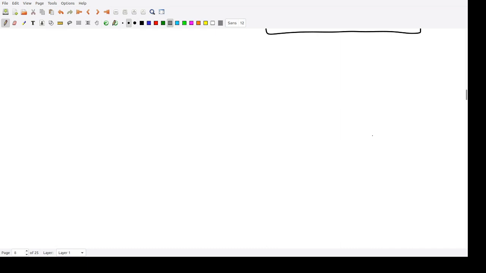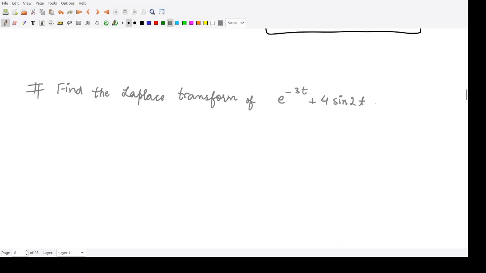The question is: find the Laplace transform of e to the power minus 3t plus 4 sine 2t plus 3 sine hyperbolic 5t plus 5. So we have to calculate the Laplace transform of this particular function.